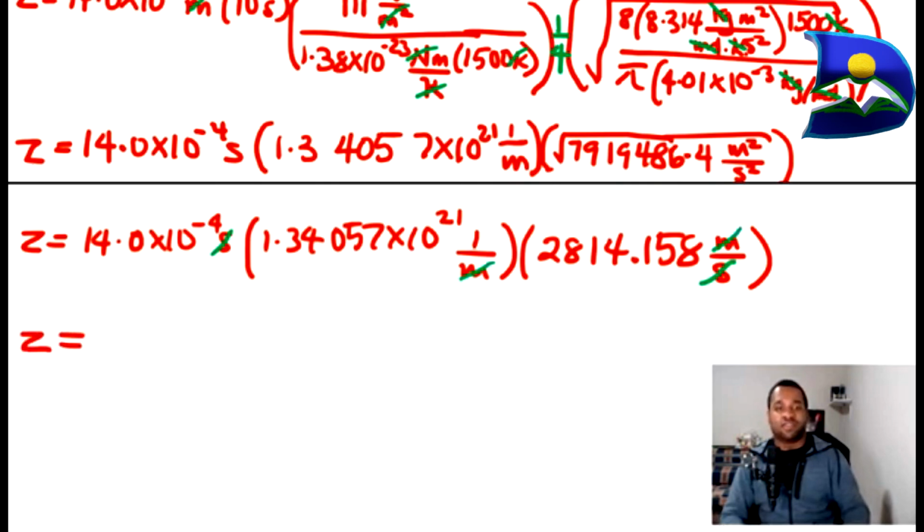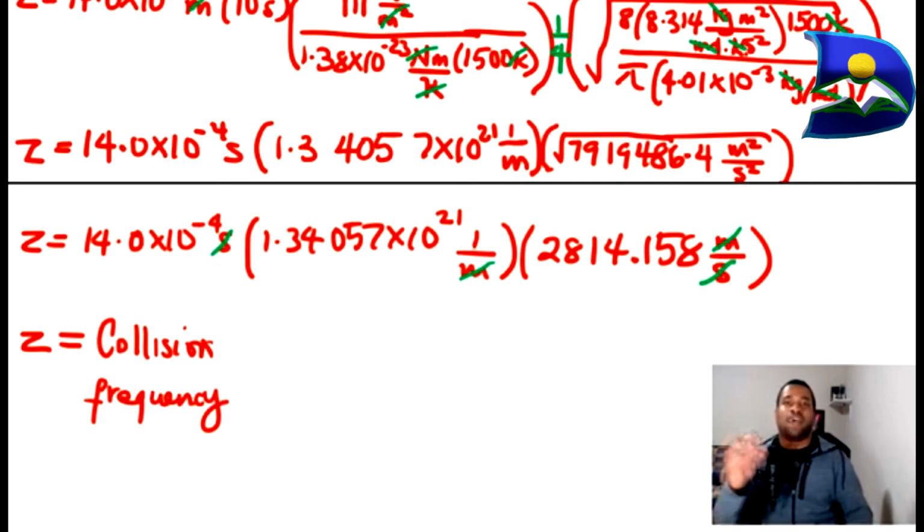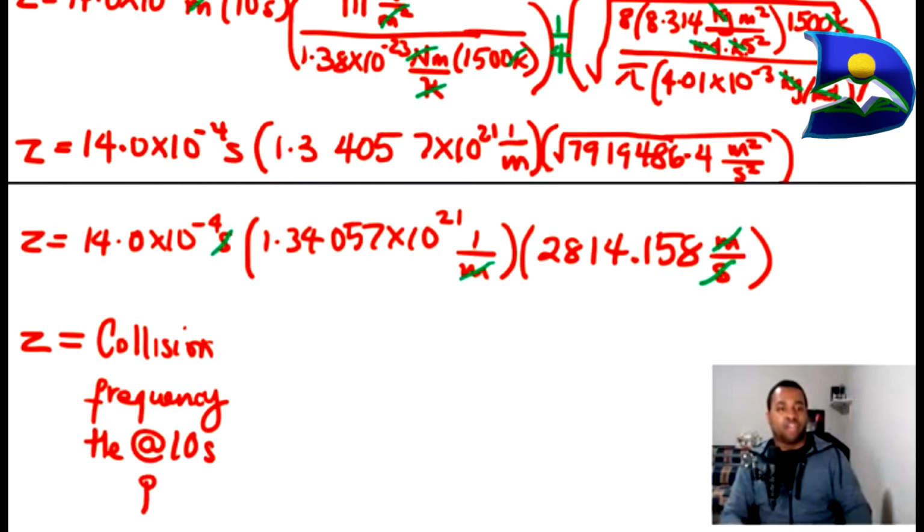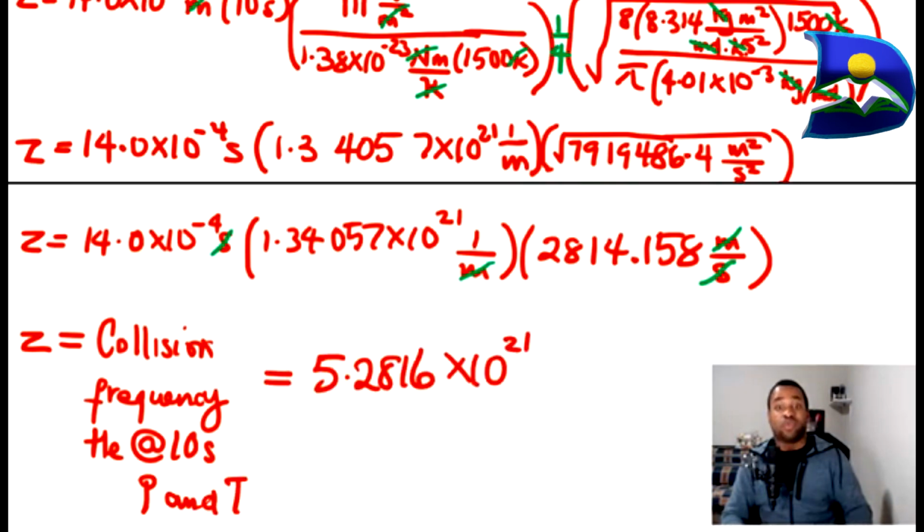Once you multiply the constant, this is the collision frequency, which is the number of collisions that helium will experience against the wall in 10 seconds at that particular pressure and temperature given in the question, equal to 5.2816 times 10 to the power of 21.